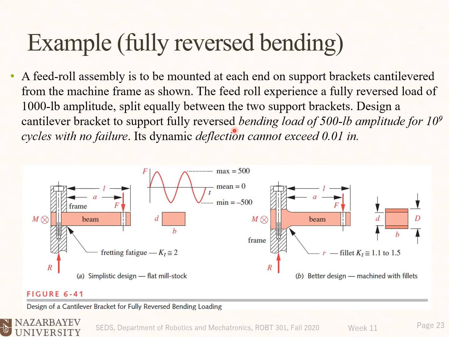Its dynamic deflection cannot exceed 0.01 inch. Okay, so we also don't want deflection at the tip more than this amount. So you see the load is a fully reversed load. It falls into the category that we have studied, category 1. The mean value of the stress is 0, and we only have the alternating component of the stress.